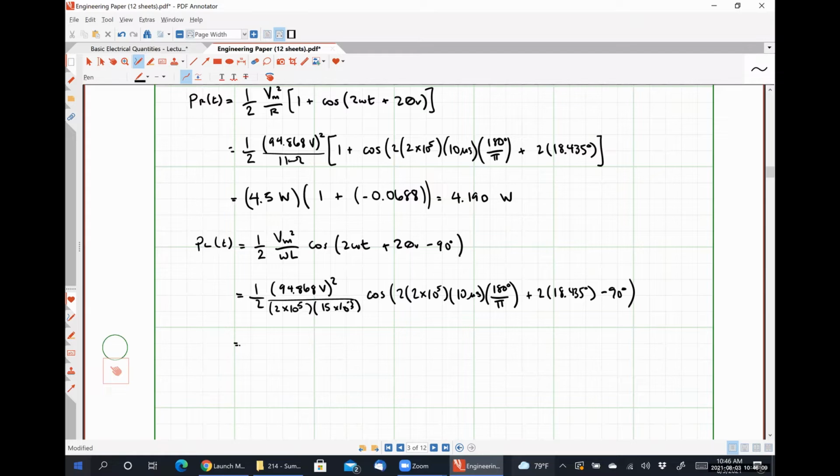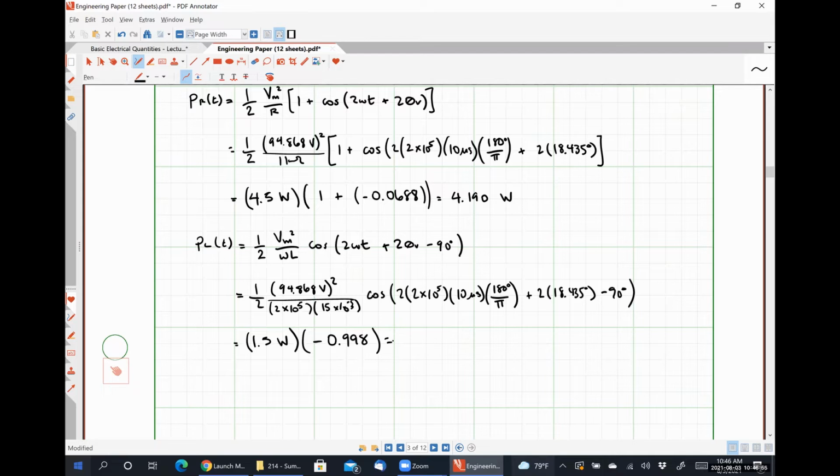So 2 times 10 to the 5, 15 times 10 to the minus 3. 1.5 watts times cosine of 4 times 10 to the 5, 10 times 10 to the minus 6, times 180 over pi, plus 2 times 18.435 minus 90, is negative 0.998.